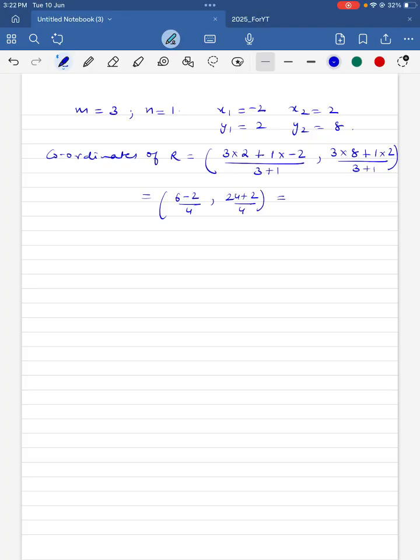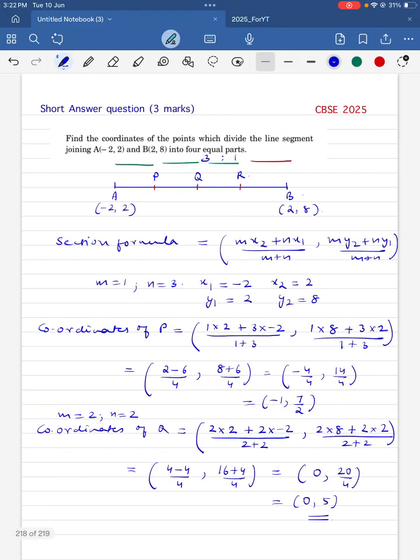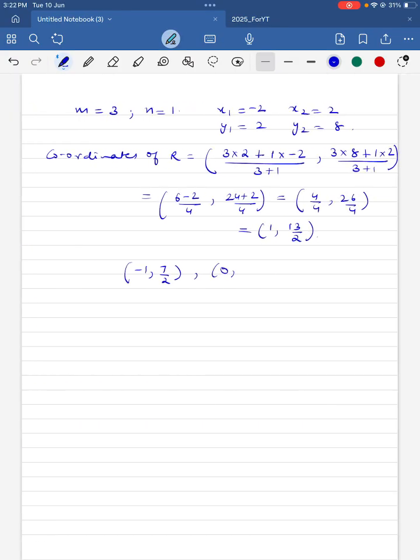So that's equal to 4 by 4, comma 26 divided by 4, which is equal to (1, 13/2). Okay, so we got the coordinates of the 3 points: the first one was (-1, 7/2), the second point was (0, 5), and the third point was (1, 13/2).